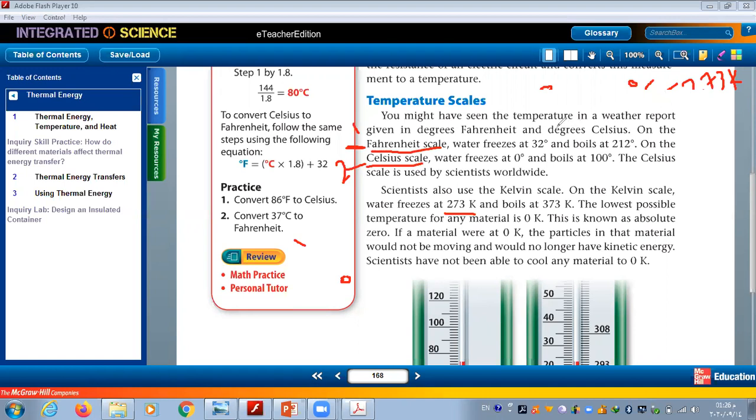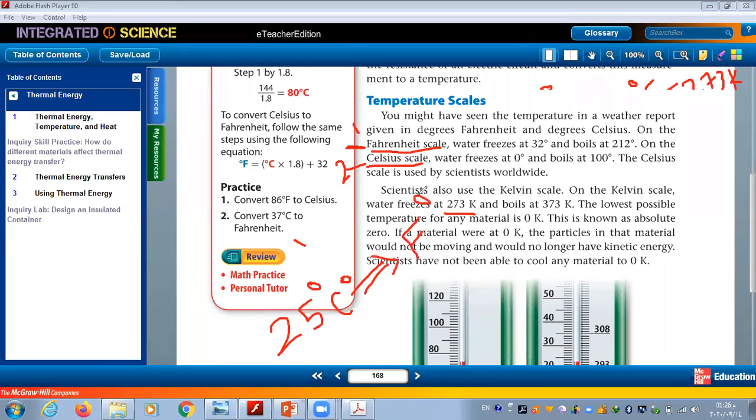As we said, we have 3 scales. Each scale started with the freezing point of water and ended with the boiling point of water. This is what we have to know about the scales. The second point, we have to know how to convert between scales. For example, if I told you I have 25 degrees on the Celsius scale, convert it into Fahrenheit.